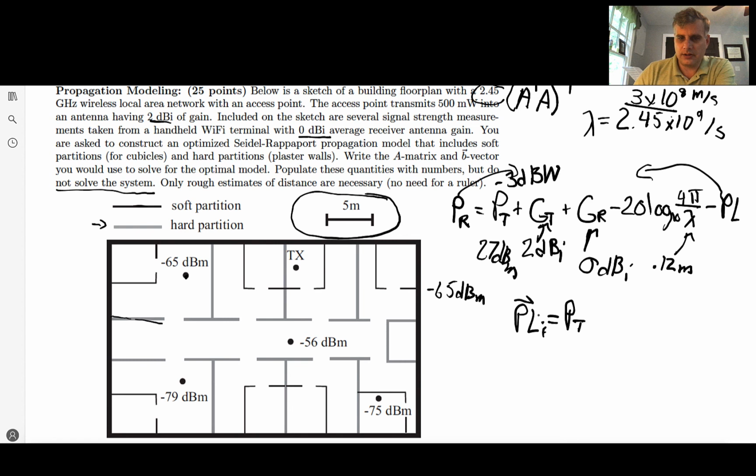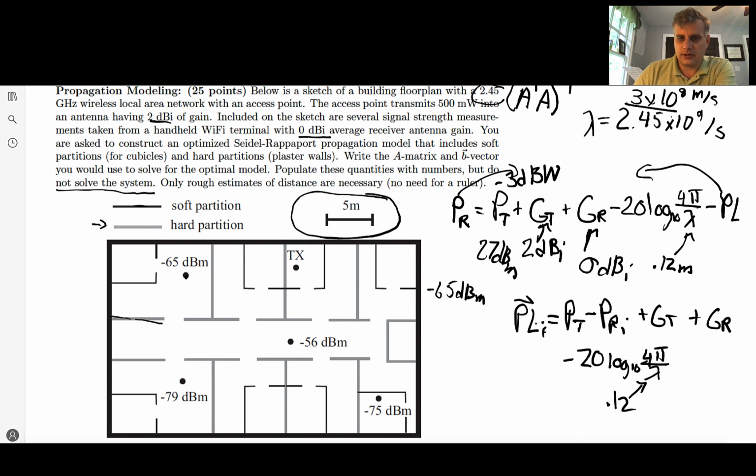At the ith location, the path loss is going to be equal to the transmit power minus the ith received power plus g sub t plus g sub r minus the path loss at 1 meter free space, which we can plug in our 0.12, and that should be it. Well, yeah, that's good.